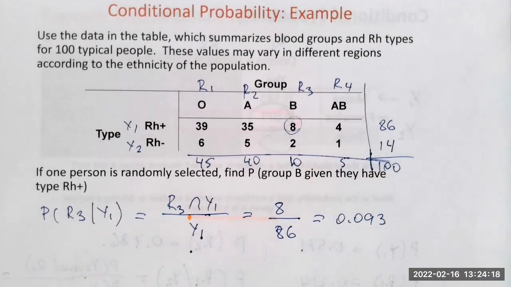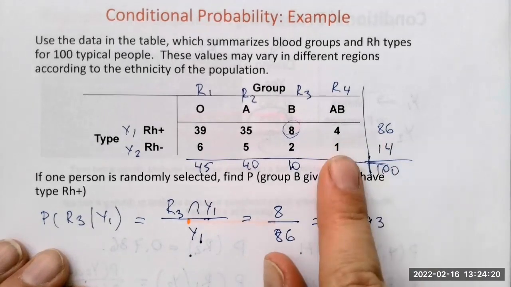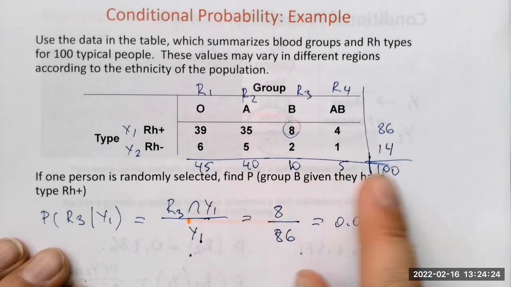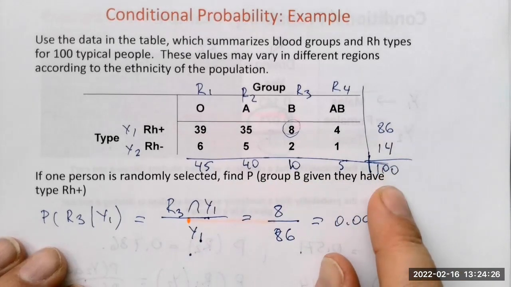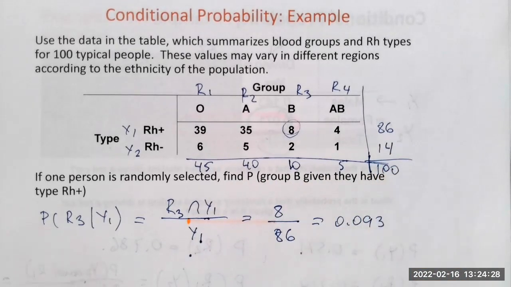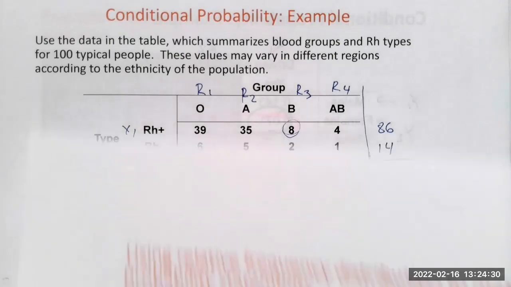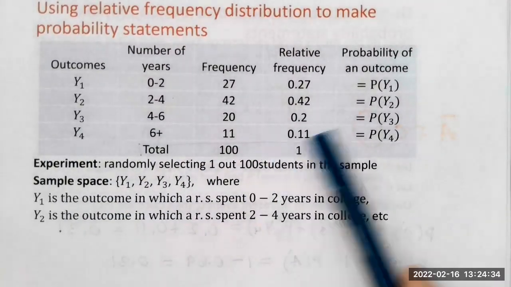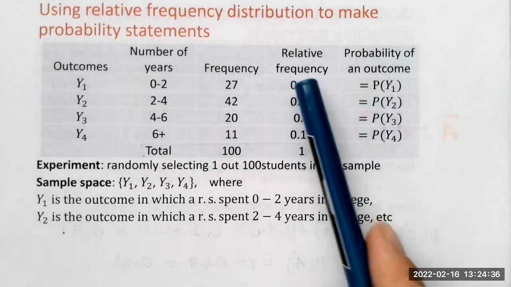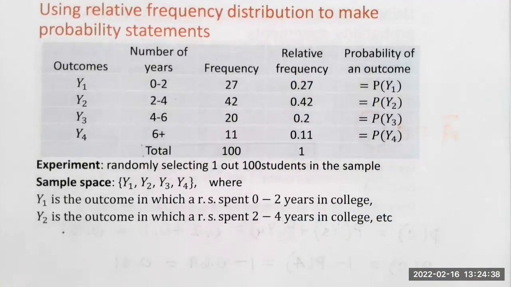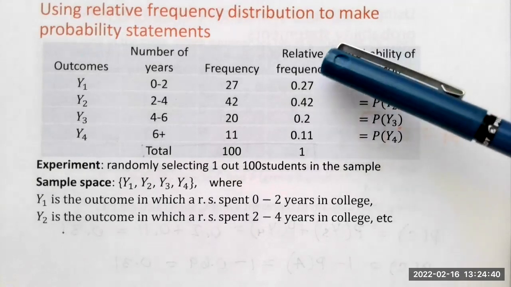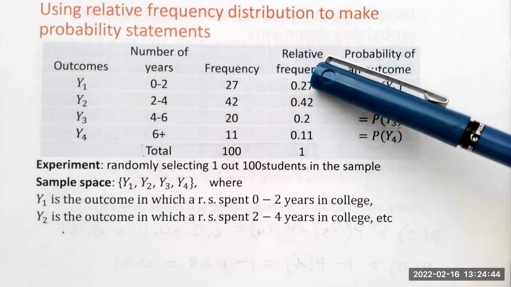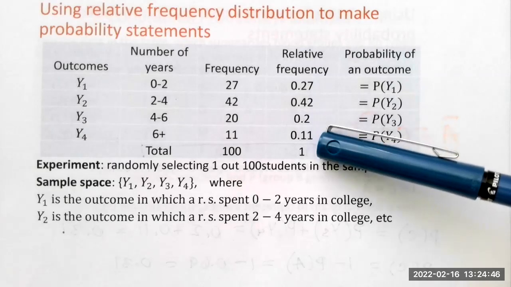Now, with calculating conditional probabilities like that, it's okay to use the marginal totals. But if we're talking about calculating just a regular frequency distribution, there's the convenience of converting to relative frequencies, because relative frequencies are probabilities already.